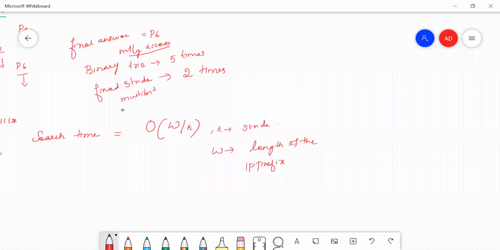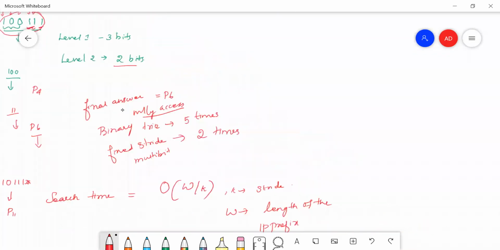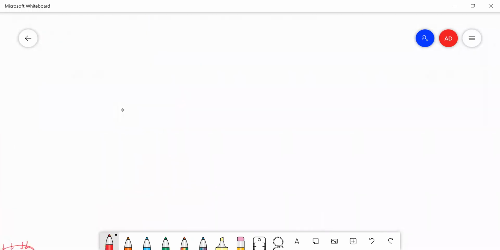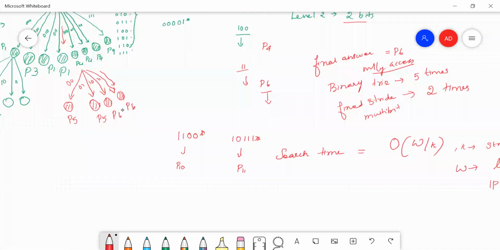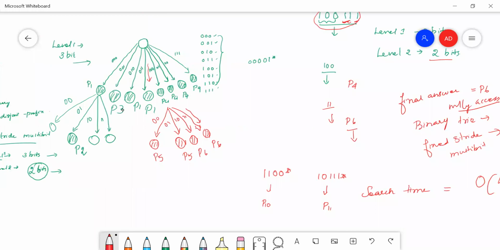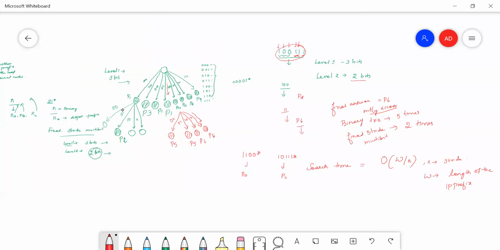So this is the tree given. We have to insert 1100 and 10111. Already in the first level itself, we have 000 and 001.